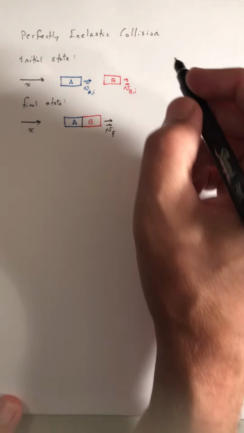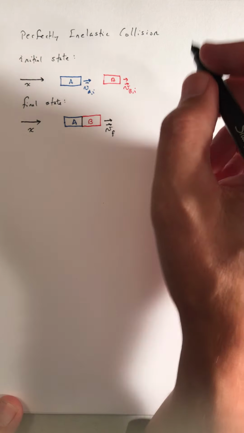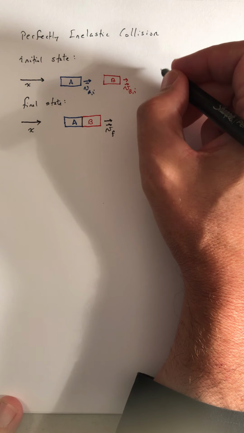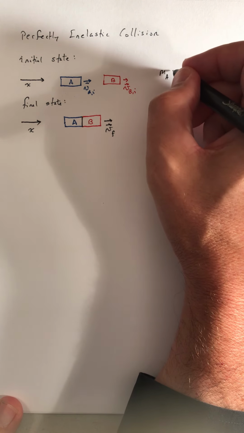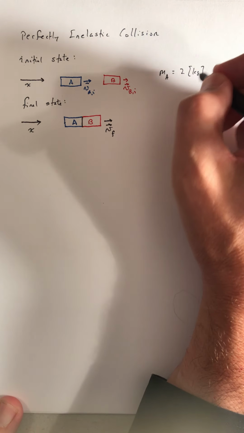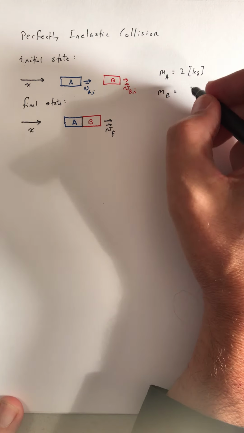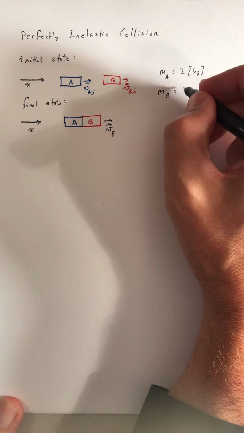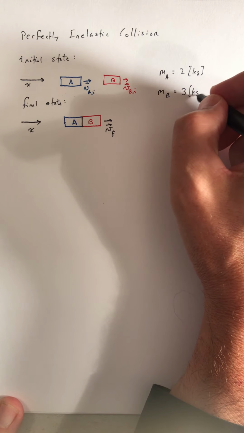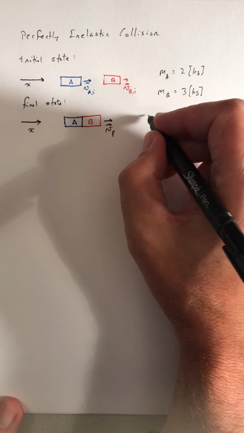All right, so some of the values we have for this: the cart A has a mass of 2 kilograms. Cart B has a mass of 3 kilograms. And we're given the initial velocities.